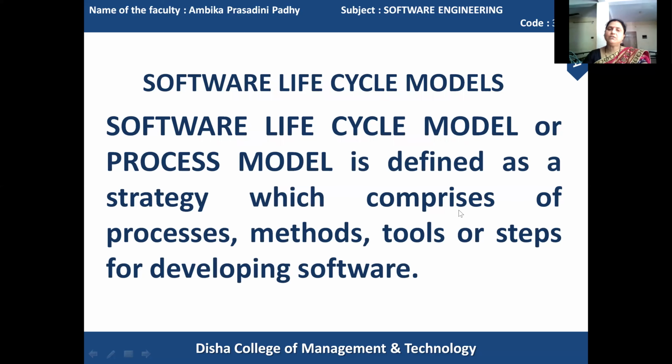And in order to execute the processes, we are using methods. And in order to execute the methods, we have to take help of certain software-oriented tools, computer-oriented tools. The CBSE, those we have already discussed. And while we are developing a software, we are also following certain steps of developing the software.